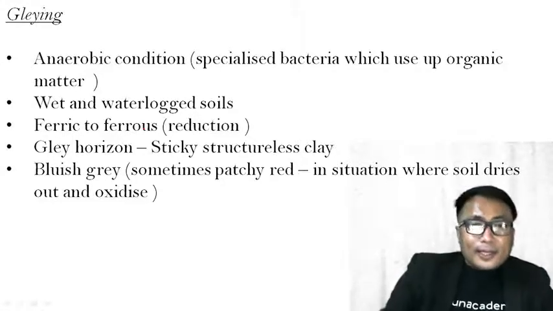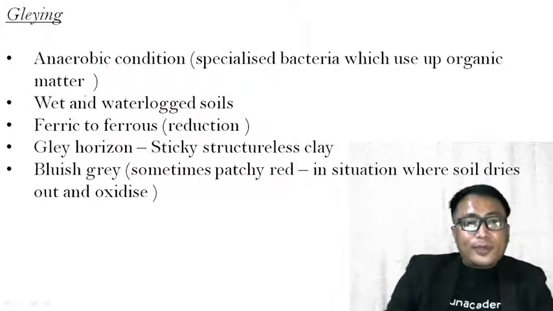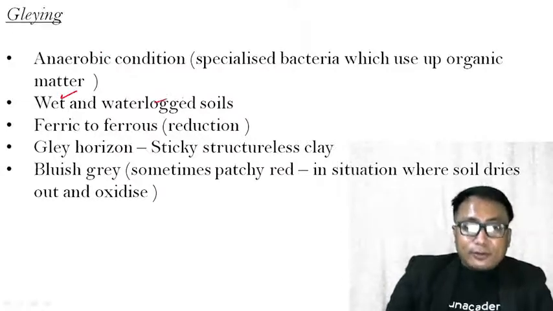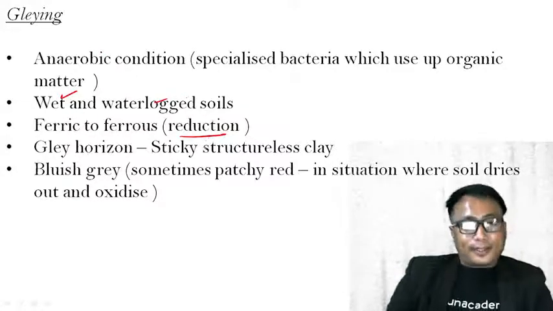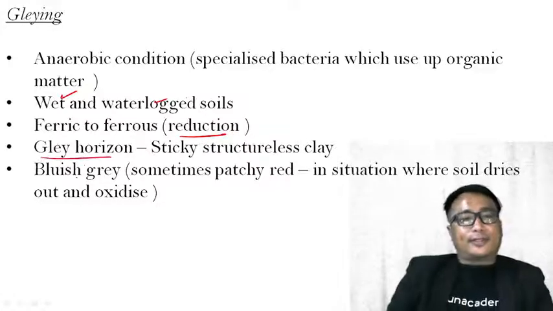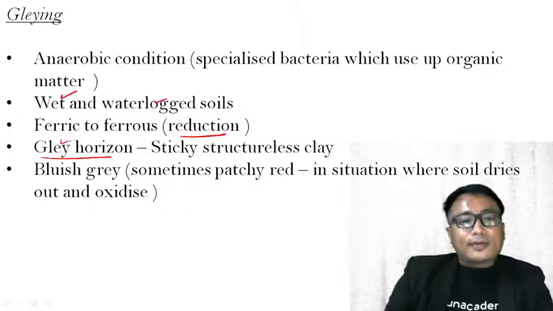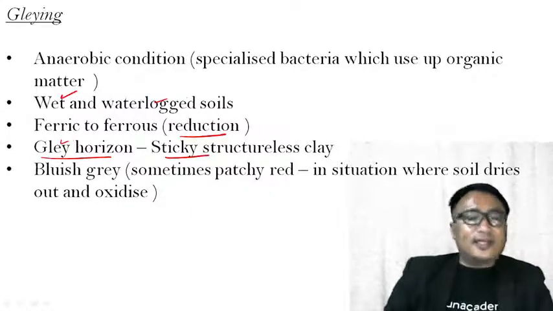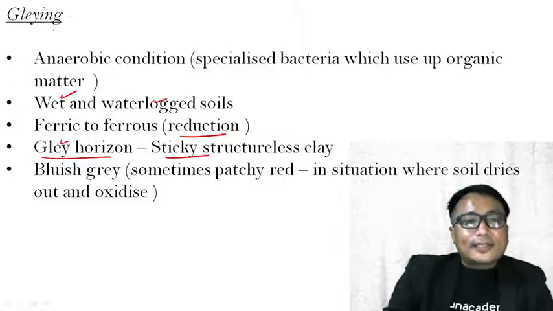This anaerobic condition, which you find in wet and waterlogged soil, causes reduction, and it results in a gley horizon. This gley horizon, or clay layer, is nothing but sticky, structureless clay.